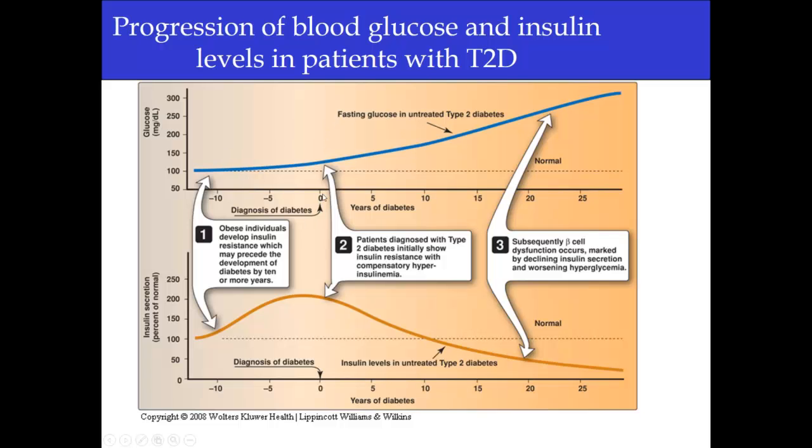He was diagnosed here with diabetes, and this is how many years he's been having diabetes. Over the years, his blood glucose is going up and up because before getting the disease, he was insulin resistant, so he had to make lots and lots of insulin. And over the years, his beta cells became dysfunctional, so they were making less and less insulin until his blood glucose started to shoot up.